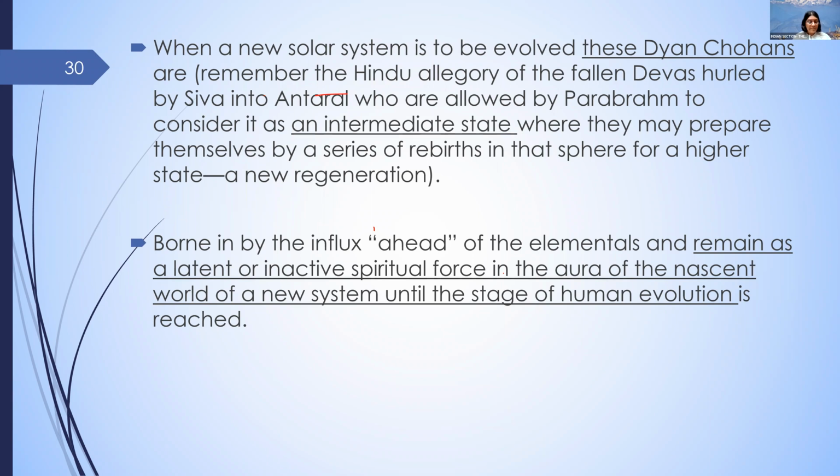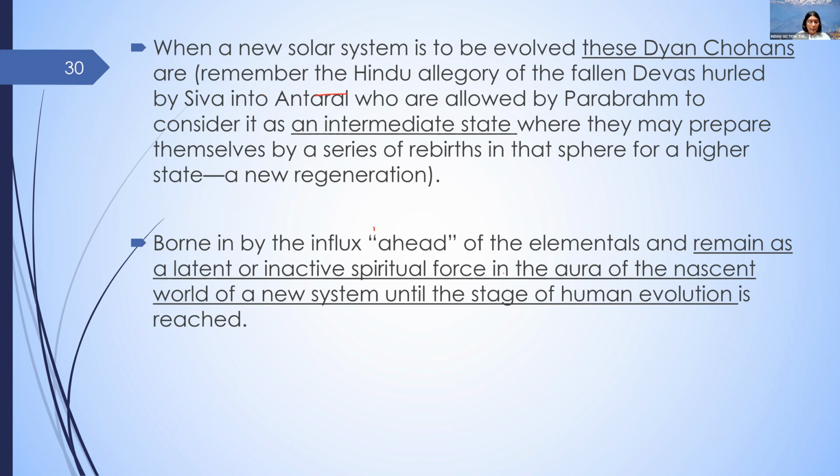Borne in by the influx, ahead of the elementals, they remain as a latent or inactive spiritual force in the aura of the nascent world of a new system until the stage of human evolution is reached. So what happened? In the previous solar system, there may have been some failed Dhyan Chohans. So they remain in the astral plane.